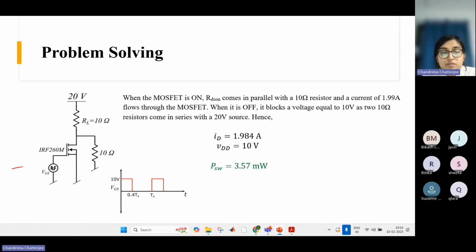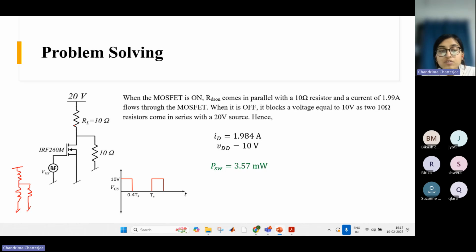So here there is this 20-volt source. There is this resistance. And here instead of the MOSFET, we can draw a resistance. Okay. Because during the on time, the MOSFET acts as a simple resistance. We can model it just as a resistance. Okay.